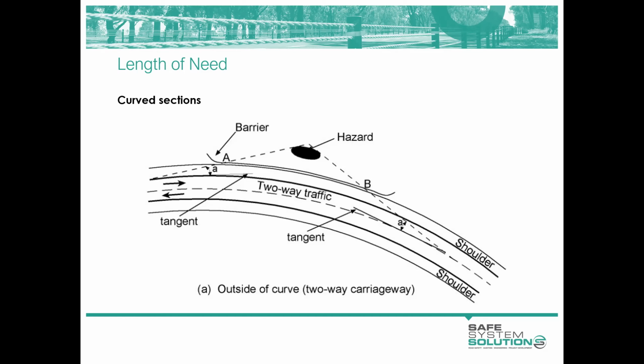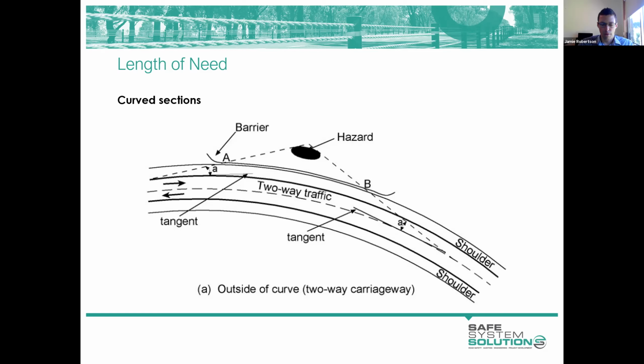Another thing that was briefly touched on was the flaring of the barrier, which would obviously change it. And Mark's asked a question there about the angles at which vehicles might strike the barrier, and whether the performance of that barrier would be altered. It's a great question. Flaring is a great tool we can use to better shield hazards, especially where we're constrained and can't provide the length that we need to.